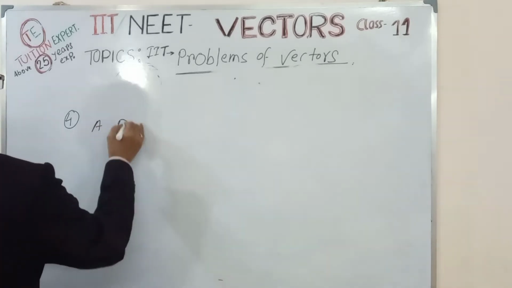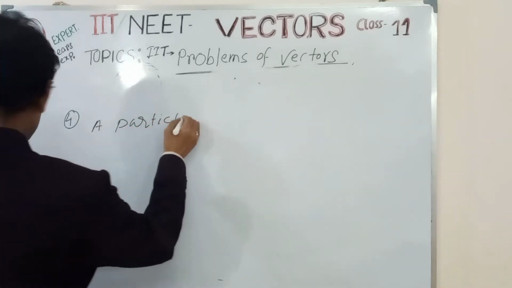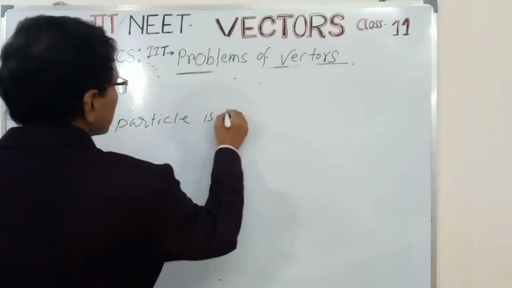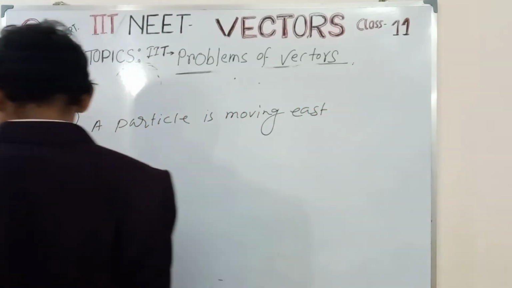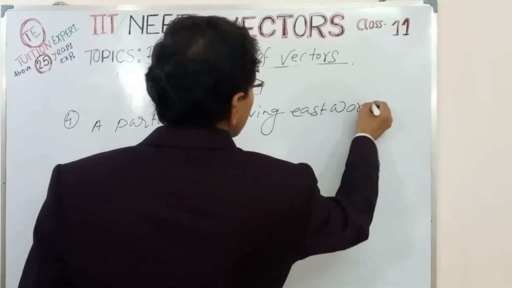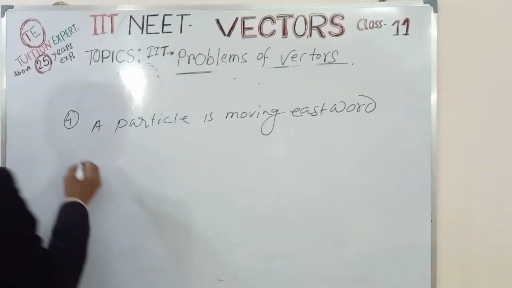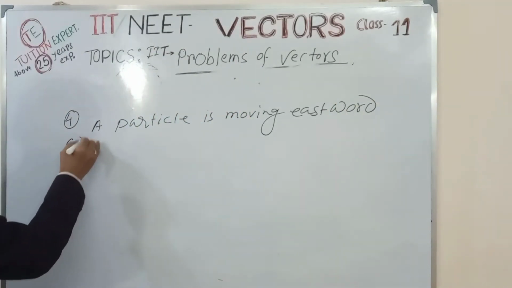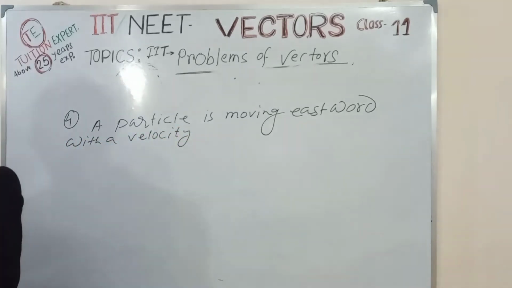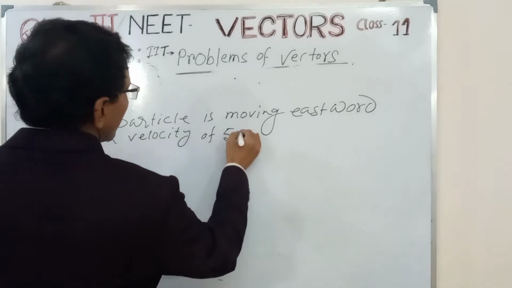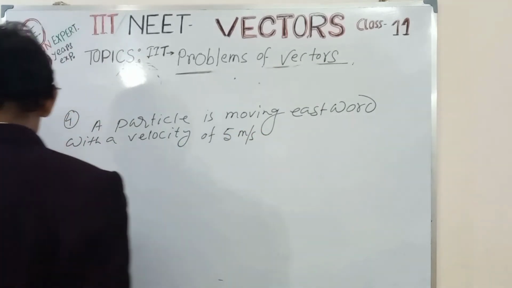Example: a particle is moving eastward with a velocity of 5 meter per second.